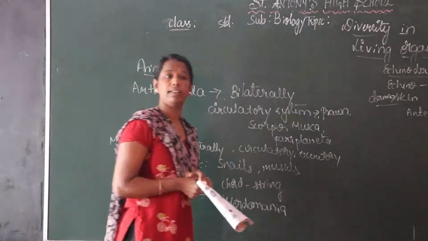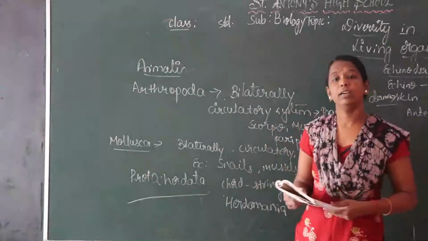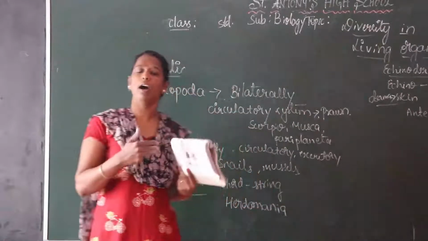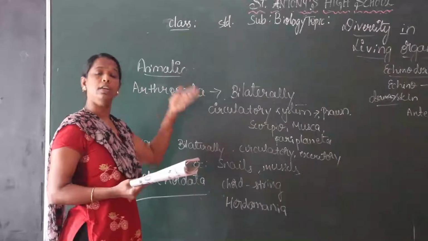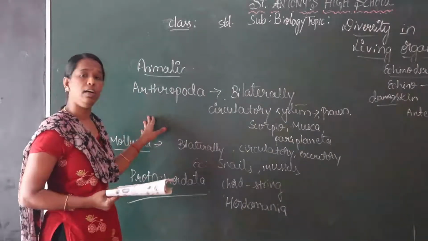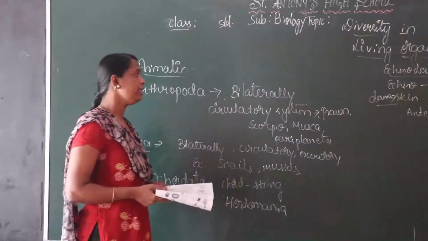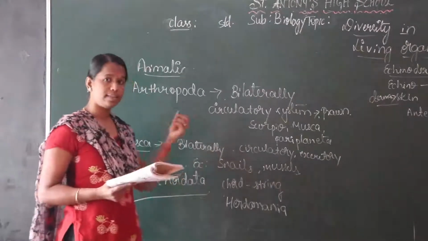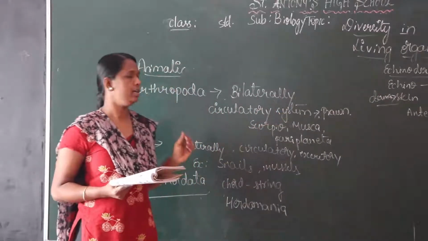We have a heart. With the heart and the closed circulatory system, the blood transports from the heart to the parts of the human body and back to the heart. In Arthropoda, there is an open circulatory system. Consider prawn, scorpion, Musca, that is a housefly, Periplaneta, that is a cockroach.